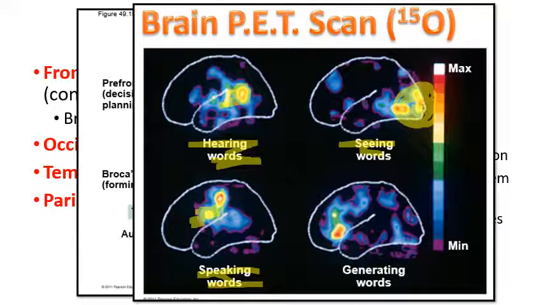Also, this other part being used is the motor cortex, which I'll get to later. The motor cortex is the somatic system's control over all the different parts of the body. So naturally, when you're speaking, you're using some of the muscles to speak, and that's why that area shows up as well as Broca's area. And when you're trying to think of the word to use, it's Broca's area that's working.